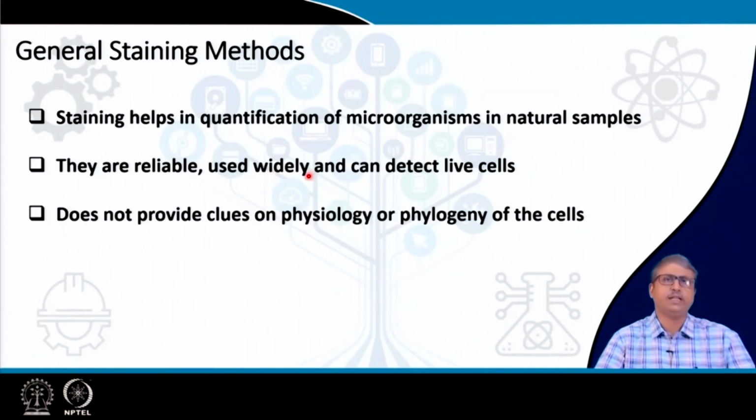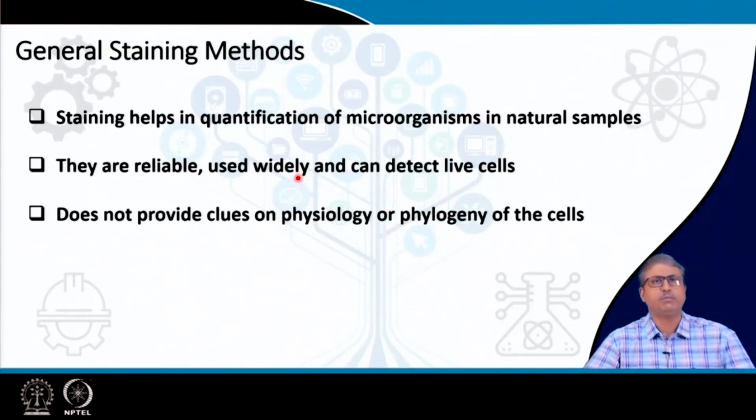As we will see, initially the fluorescent microscopy or other microscopic methods were basically to enumerate the number of cells, how many cells are there. Just like a crystal violet staining method or a gram staining method, improved staining methods based on DNA staining dyes were used to find out how many cells are there. Those are fluorescent stain based methods, or fluorescent microscopy based methods.